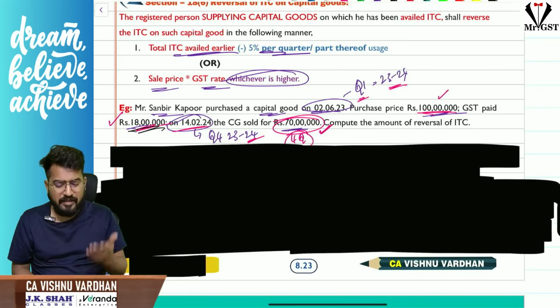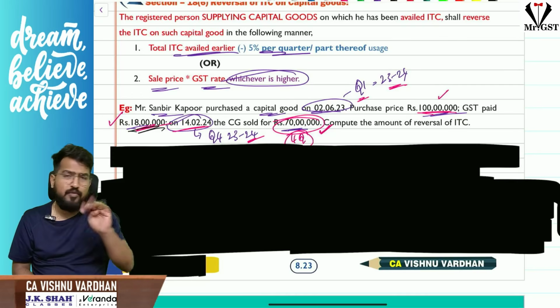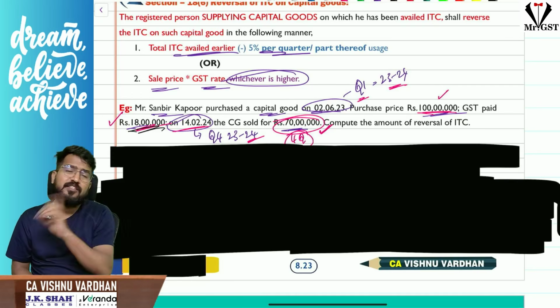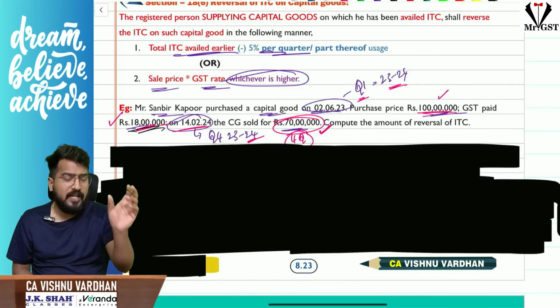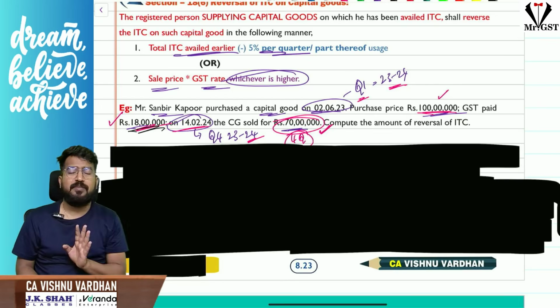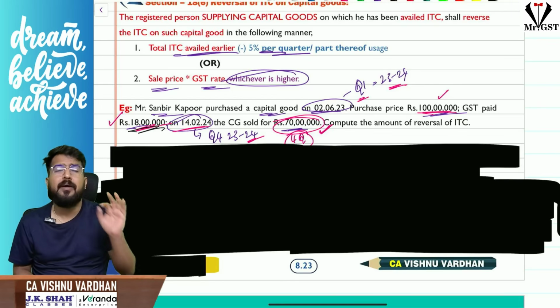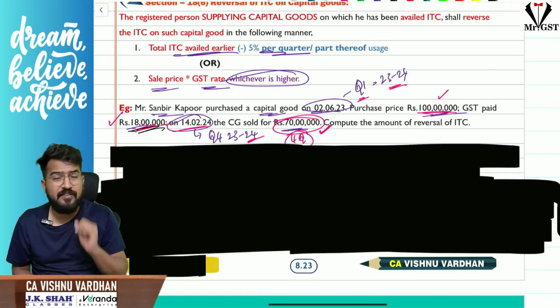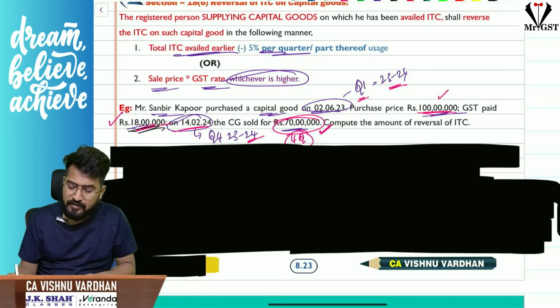So you tell me here, how many quarters have we used this? 4 quarters we have used. That means for those 4 quarters taking ITC is correct; the balance you have to reverse, correct. So total ITC availed 18 lakhs minus 4 quarters into 5%, that is 20%. If you eliminate that, the balance amount you should compare with sale price 70 lakhs into GST rate 18%.